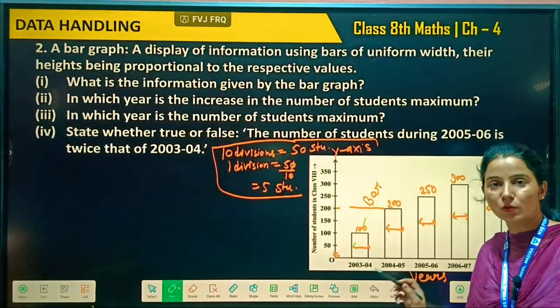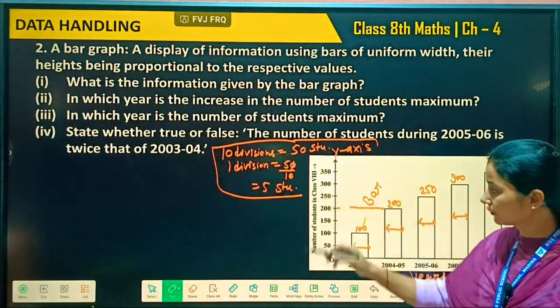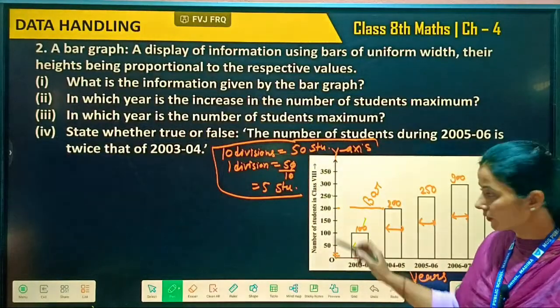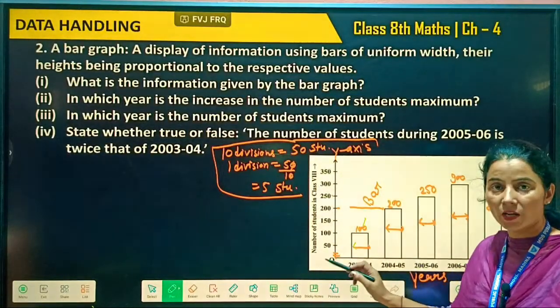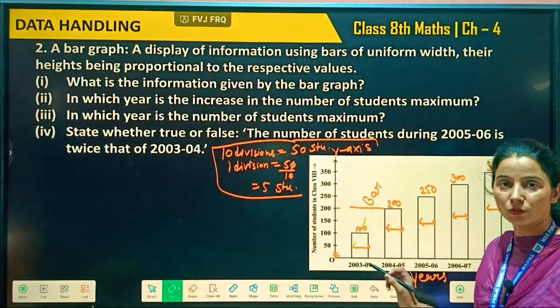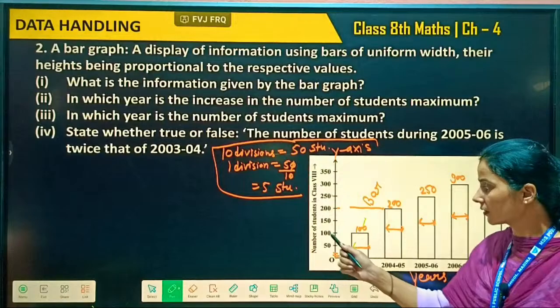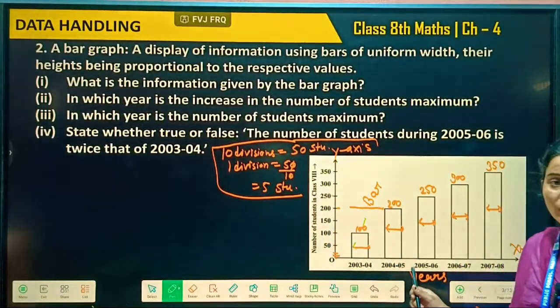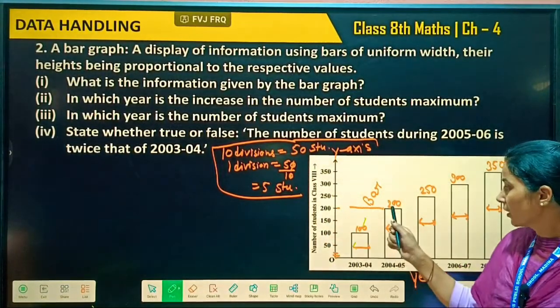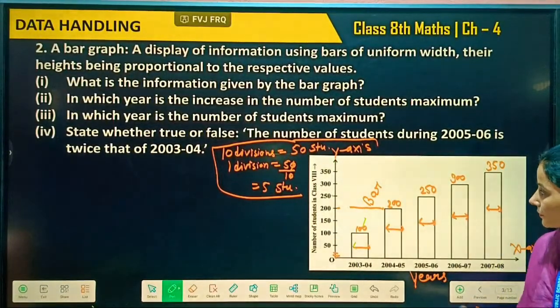In 2003 and 2004, number of students was 100. This information, number of students, is depending on the year in which we are dealing. In 2003 and 4, number of students were 100. This is independent and this is dependent. In 2004 and 5, number of students were 200, in this way.